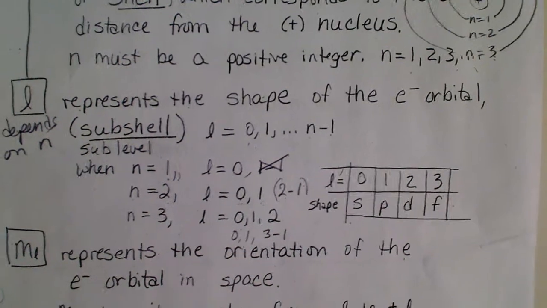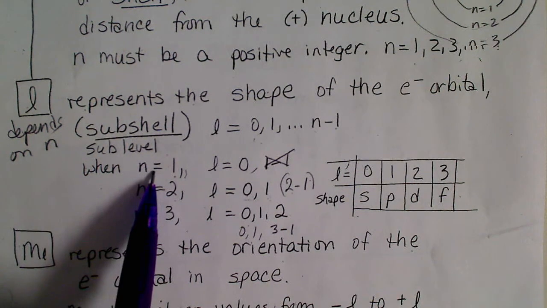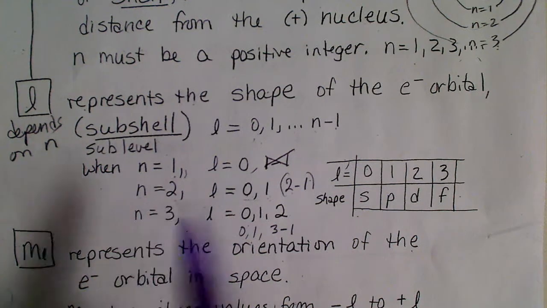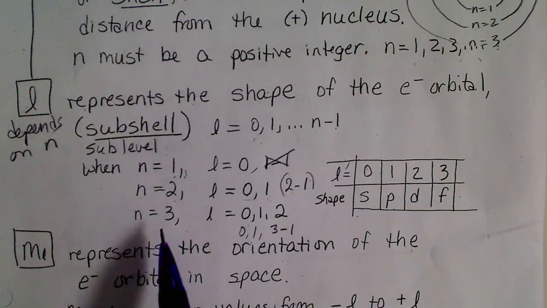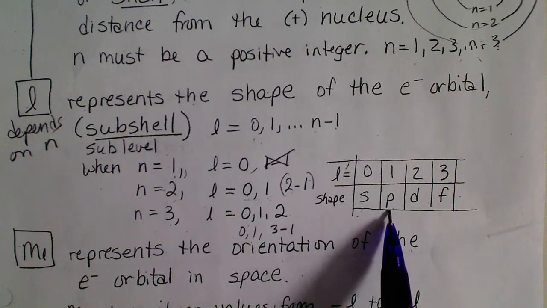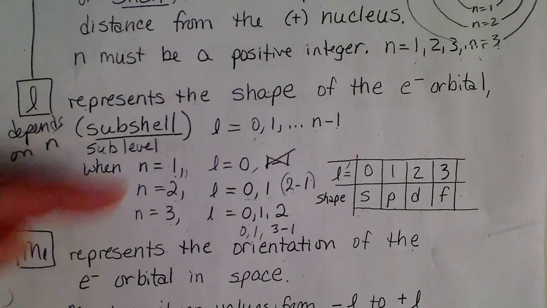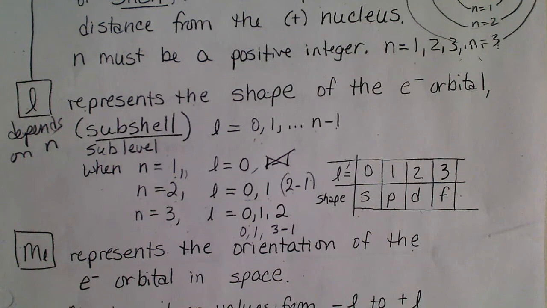In an introductory chemistry course, we may have learned that when N equals 1, we are only allowed to use one letter, S. When N equals 2, we get to use an S and then a P. When N equals 3, we get to use S, P, and D. Each level on the periodic table corresponds to an energy value, and the number of subshells equals whatever that energy value is.